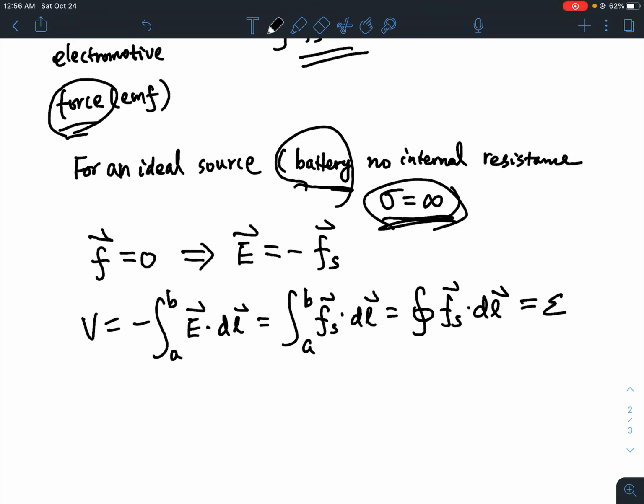In other words, batteries have these two terminals, one is plus, one is minus, so there is a voltage difference between them. It will create the electrostatic field, and this electrostatic field drives current through the rest of the circuit.